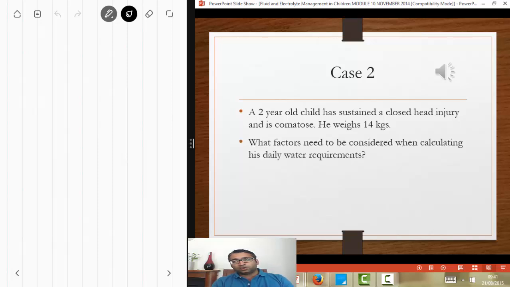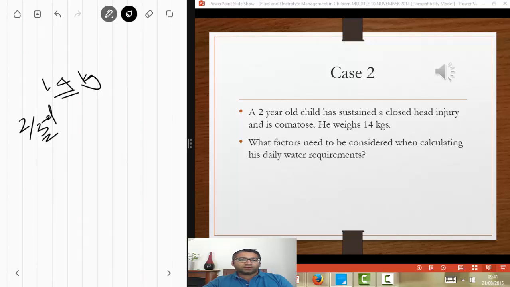The main thing is to make sure that we don't give an unnecessary amount of fluid, and number 2, you don't use hypotonic fluid, you use isotonic fluid, that is normal saline. So you wouldn't use half saline here, you would use normal saline. So the child is 14 kilograms, and I'm only going to give 2/3 maintenance.